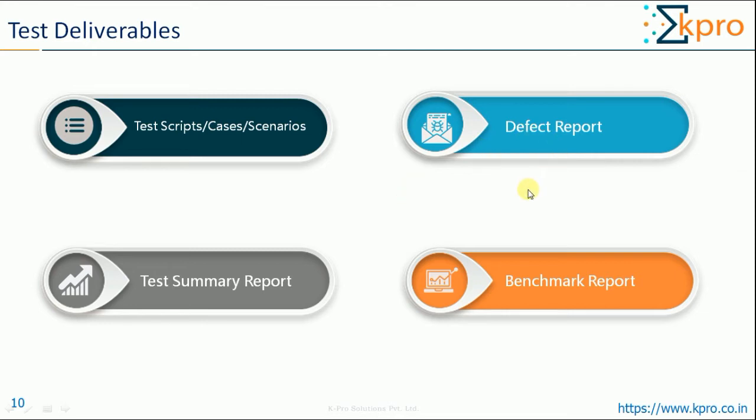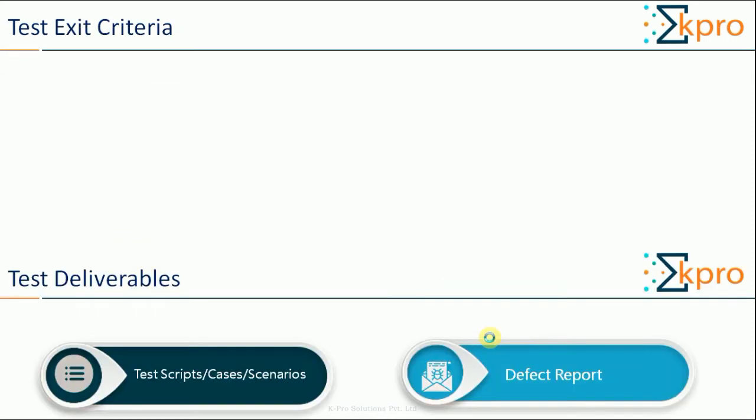The defect report contains all the defects raised according to severity and priority. The test summary report includes how many cycles of testing were performed and what the pass percentage is. The benchmark report tells about performance key factors.